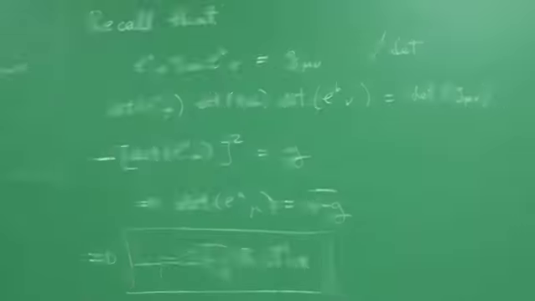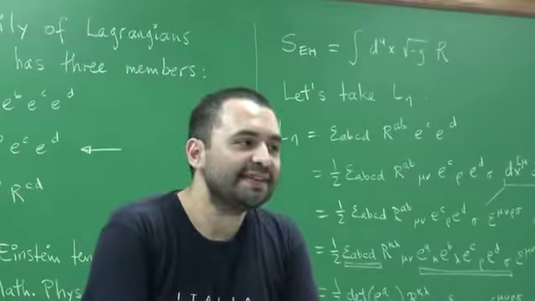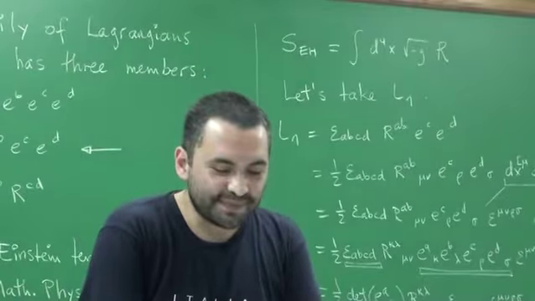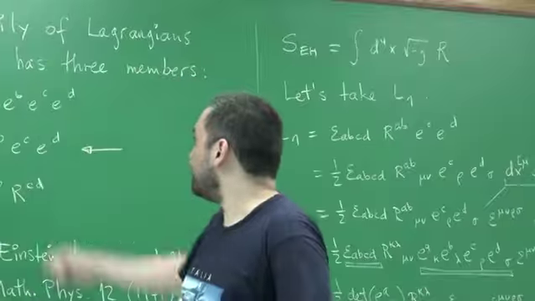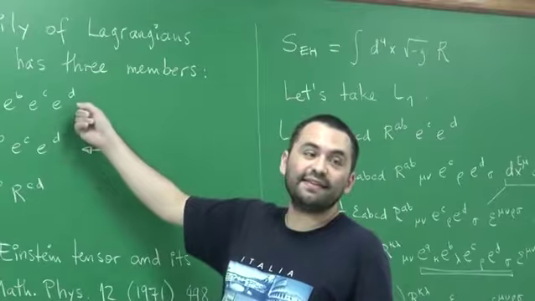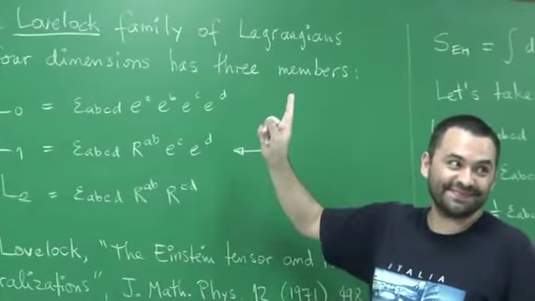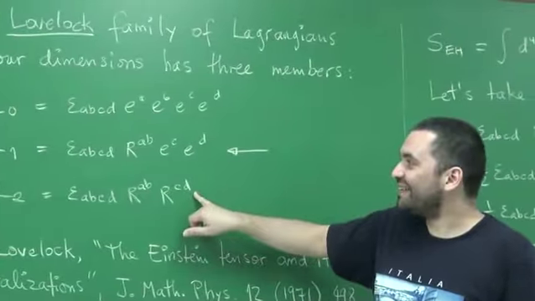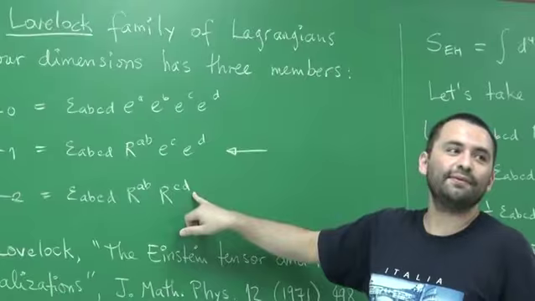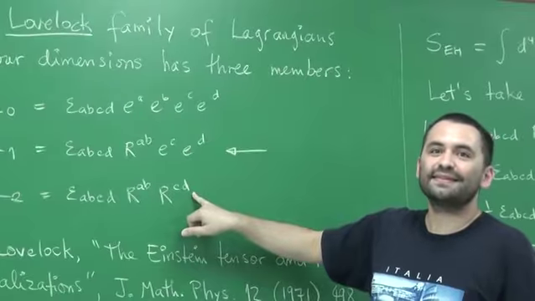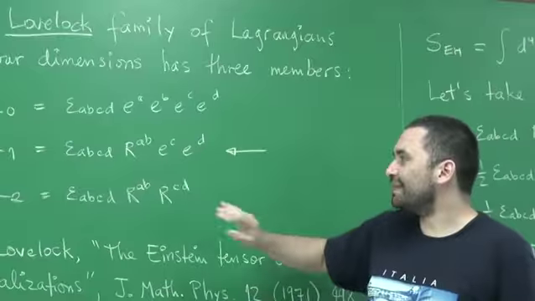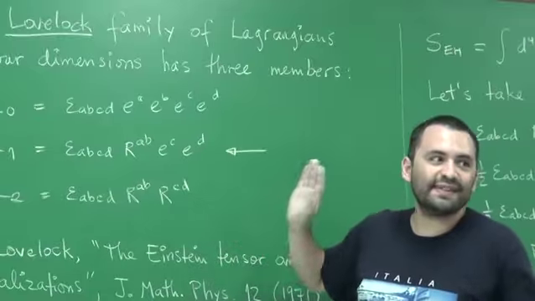In 4 dimensions, we will see in the next class that actually, well, I can tell you now, this guy here gives you the cosmological constant. And this guy here doesn't contribute to the field equations. We will see why. But if you add it, it doesn't contribute anything.